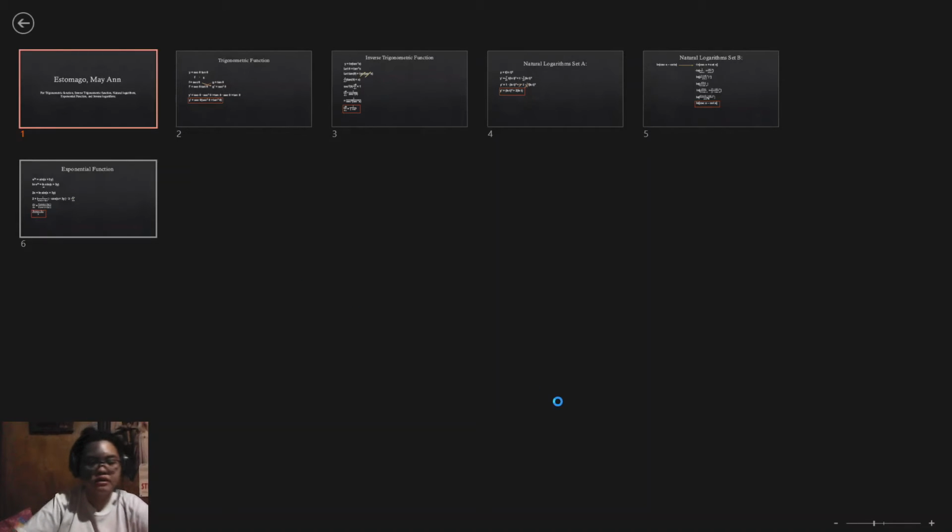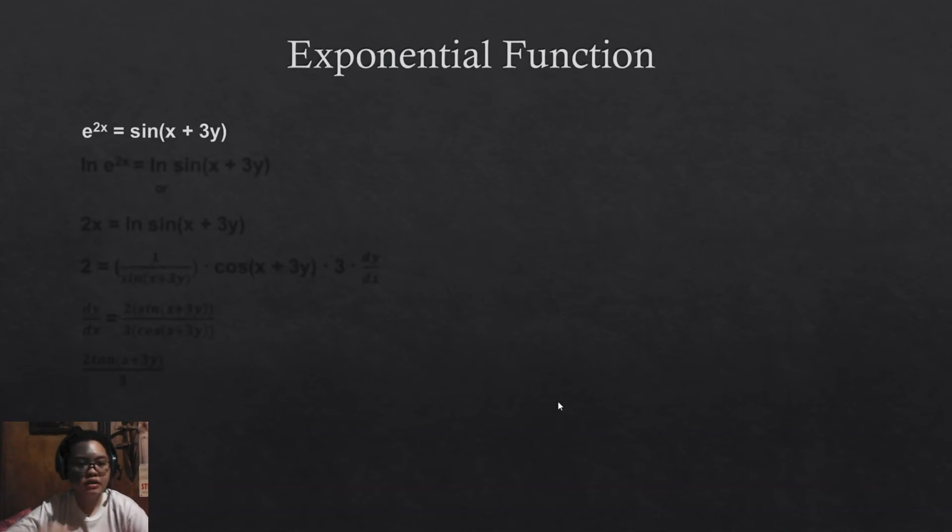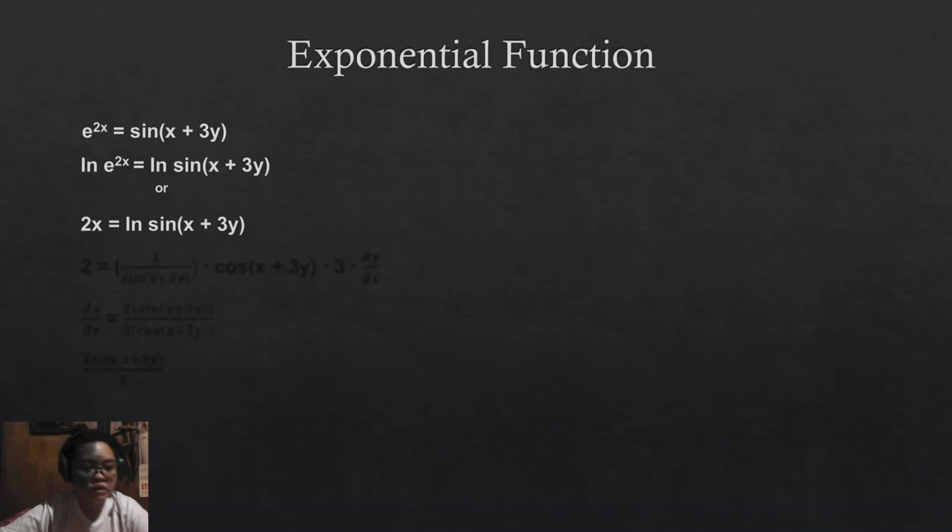Next is the exponential function. Our given is e to the power of 2x equals sine of (x plus 3y). We can take the natural log of both sides. So we have ln e to the power of 2x equals ln sine of (x plus 3y), or 2x equals ln sine of (x plus 3y).